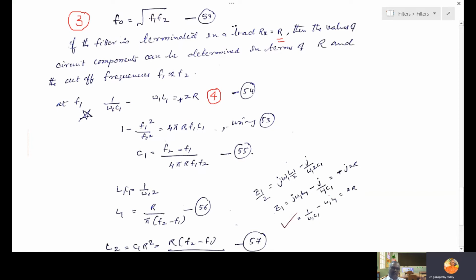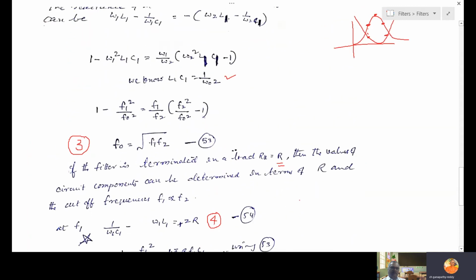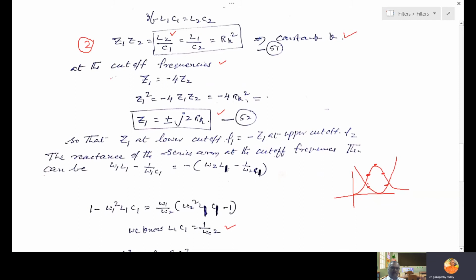How did I get this one? What is Z1? Z1 is j omega 1 L1 minus j by omega 1 C1, which is equal to minus j 2R. If you see this equation, Z1 is equal to minus j 2R.